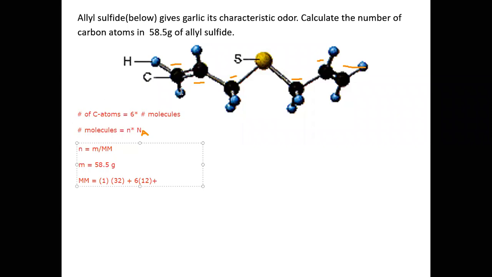And we have 1, 2, 3, 4, 5, 6, 7, 8, 9, 10 hydrogen. And so this would be 114 grams per mole. So now we know the molar mass, we know the mass. We can find moles now.